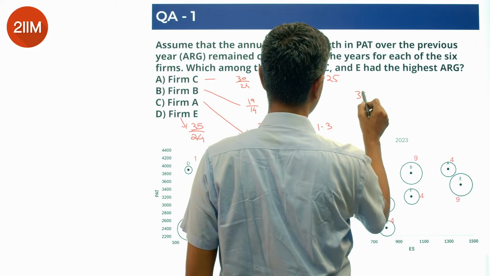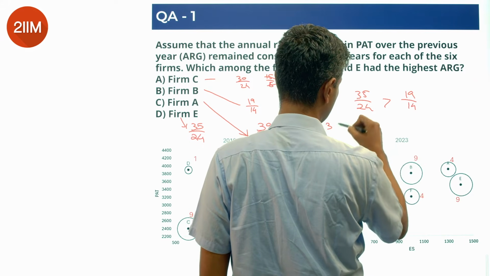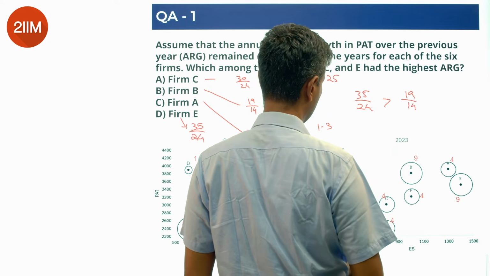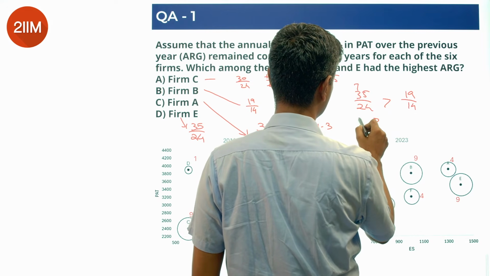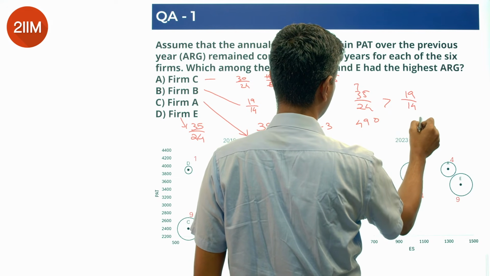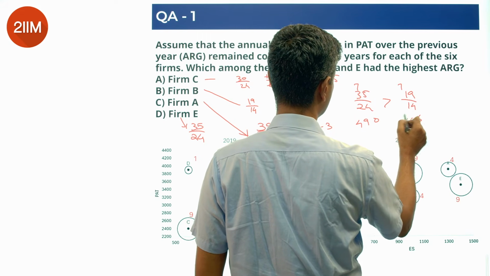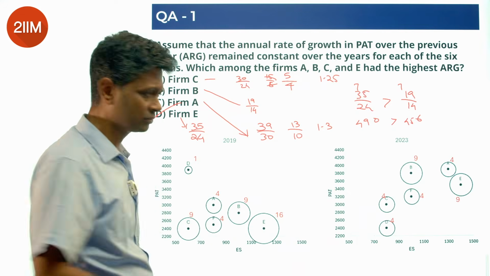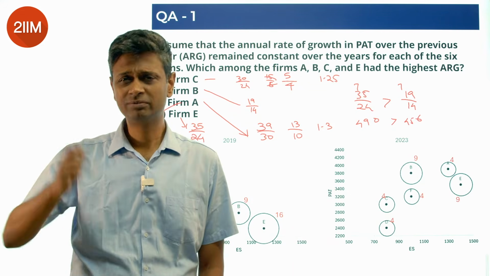My gut feel is 35 by 24 is greater than 19 by 14. 35 into 14, 19 into 24. We can find that 35 into 14 is 490, 24 into 19 is 456. For me, all we are doing is this PAT by this PAT, 4 ratios, finding the answer after that.